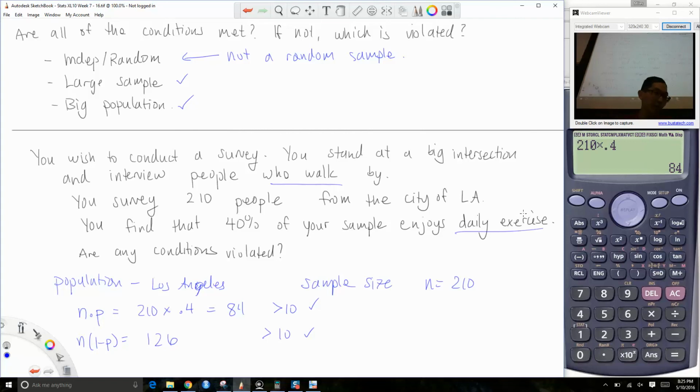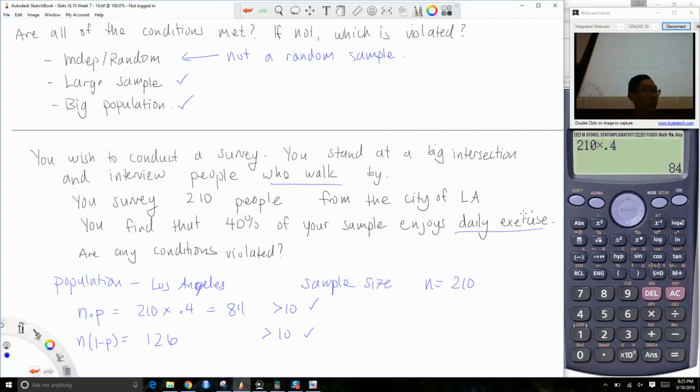But to get a random sample from Los Angeles, that in and of itself is difficult. If you say I'm going to interview people in Los Angeles and hope this represents all of California, then that would be a mistake. That would not be random. But if you're going to interview people from Los Angeles to represent Los Angeles, that could work if you get random people from LA.